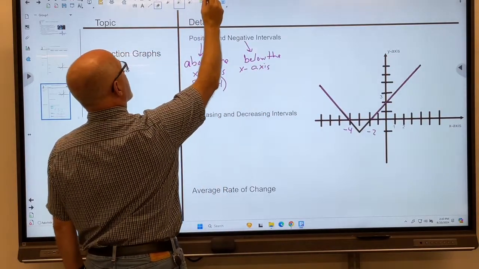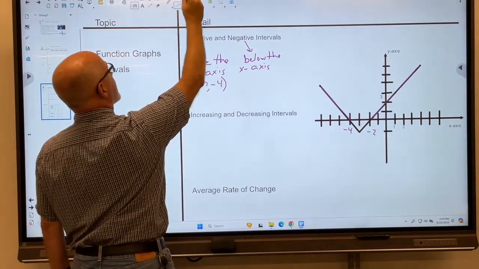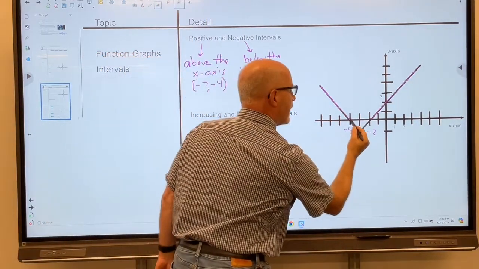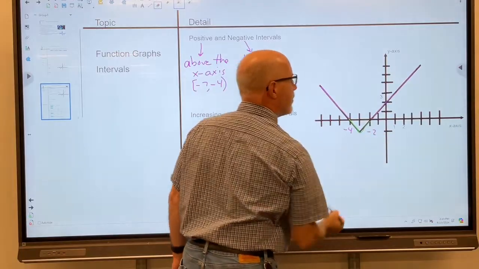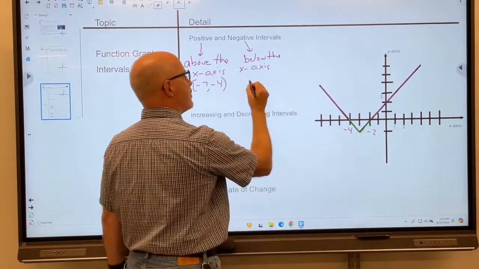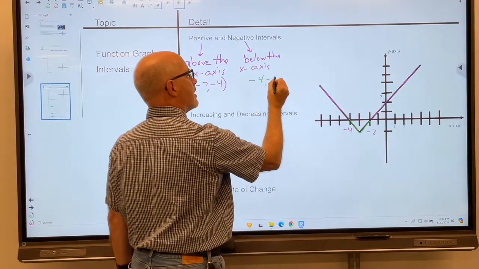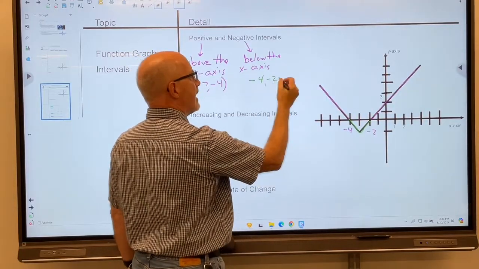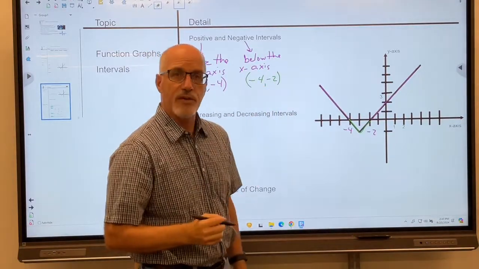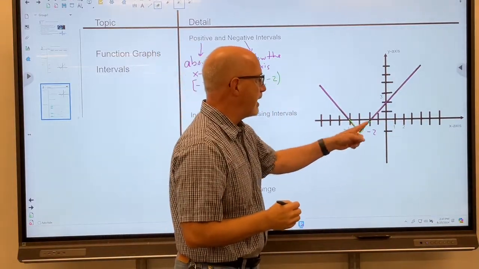And this one we'll make green. So here, this is the part where it's below the axis, and that goes from -4 to -2, that interval. And it's not including those because those are 0 values at -4 and -2.